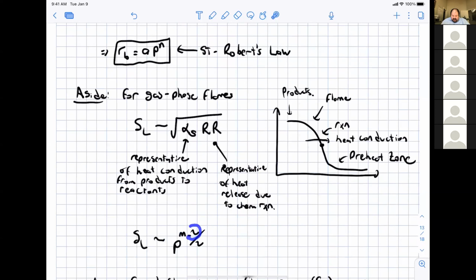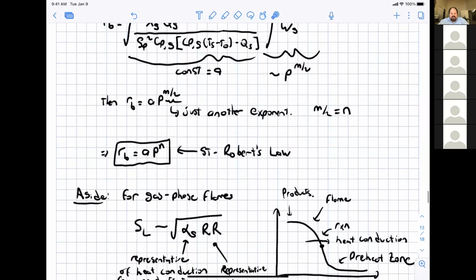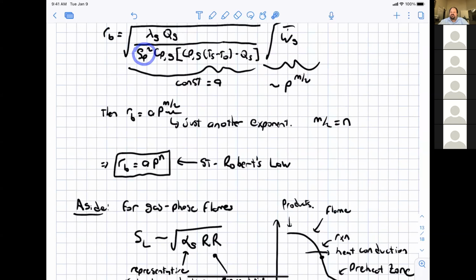And this extra minus 2 comes from the fact that the gas phase density is a function of pressure, whereas for a solid propellant, at propellant burning conditions, it's a very weak function of pressure.